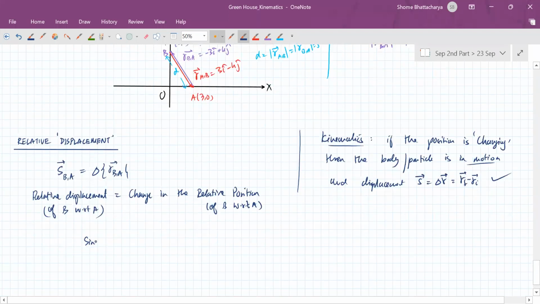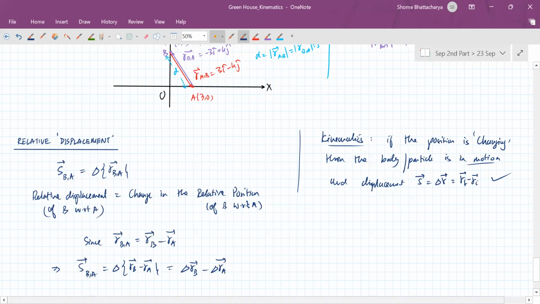Okay. Now we'll take this another step forward. Since relative position of B with respect to A we've seen earlier is RB minus RA, the displacement of B with respect to A becomes change in RB minus RA, which is delta RB, or change in B's position, minus delta RA, or change in A's position.